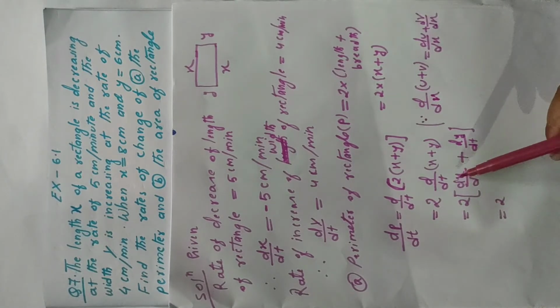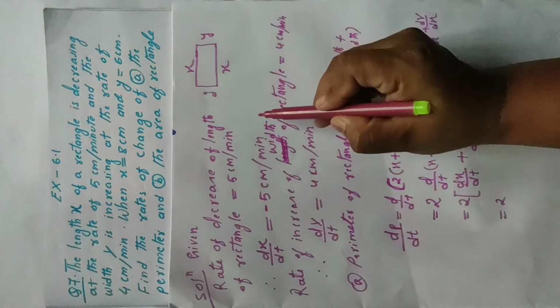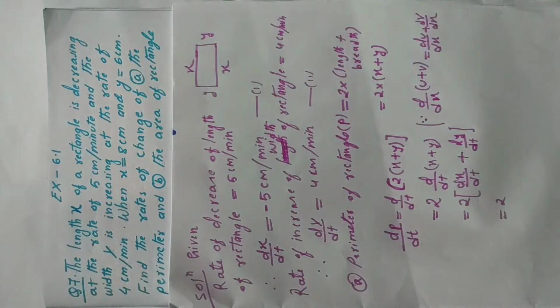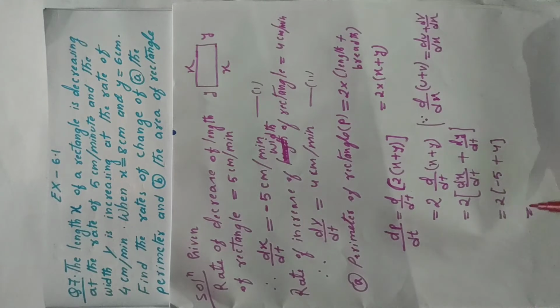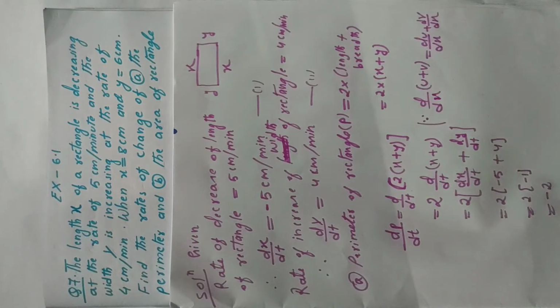Now we have to put the values of dx/dt plus dy/dt. What is dx/dt? From this equation we can put here equation 1 and put here equation 2, right? Now instead of dx/dt we can put here minus 5 plus dy/dt. Here dy/dt is 4. Now after solving it we will get minus 2.